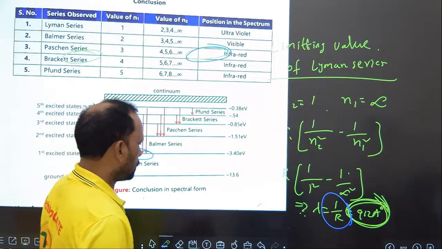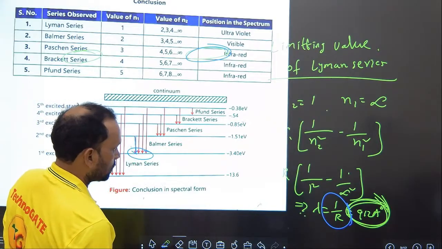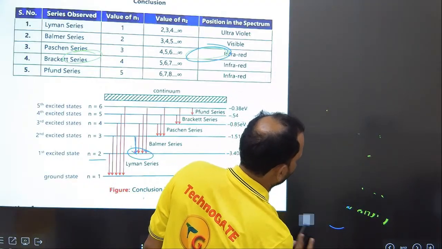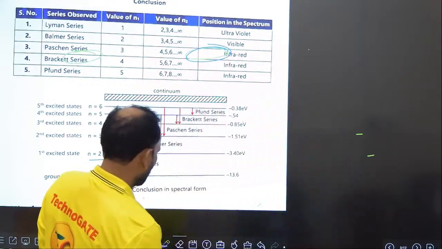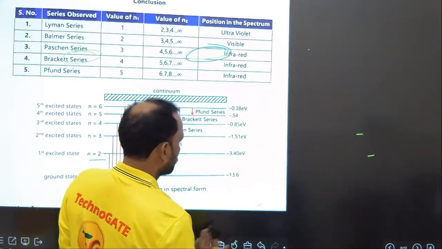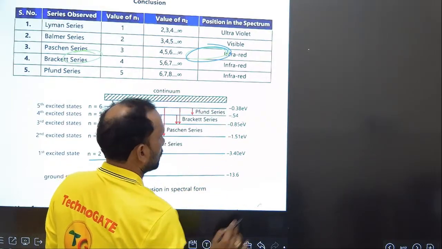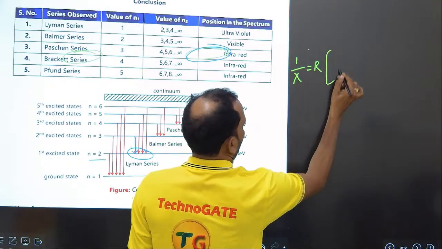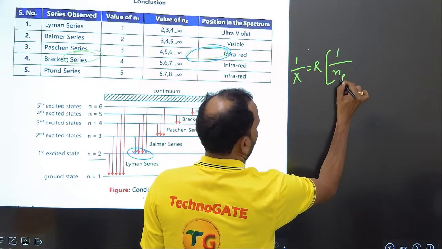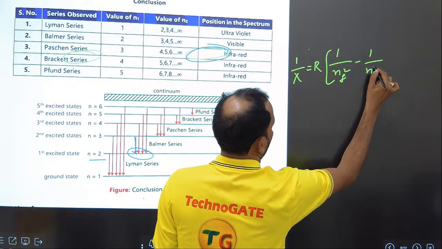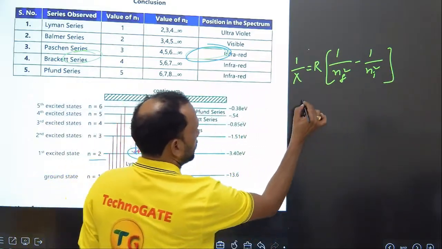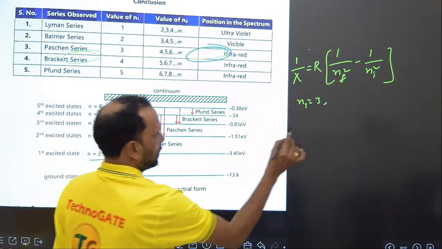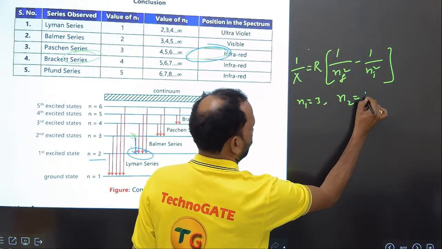So what is the wavelength in the Balmer series? 1/λ is equal to R into (1/n final² minus 1/n initial²). Here the line comes from 3, so n initial is 3, and n final is 2.